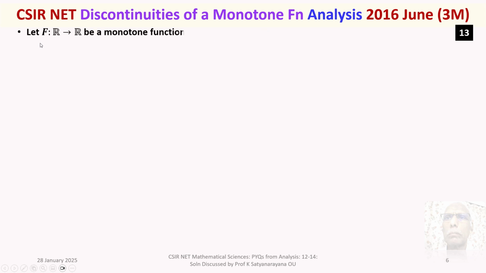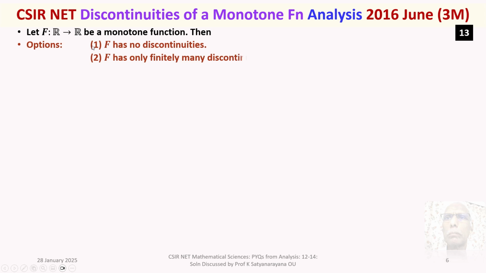The given question is: let f from R to R be a monotone function. Then we are given 4 options. Option 1, f has no discontinuities.